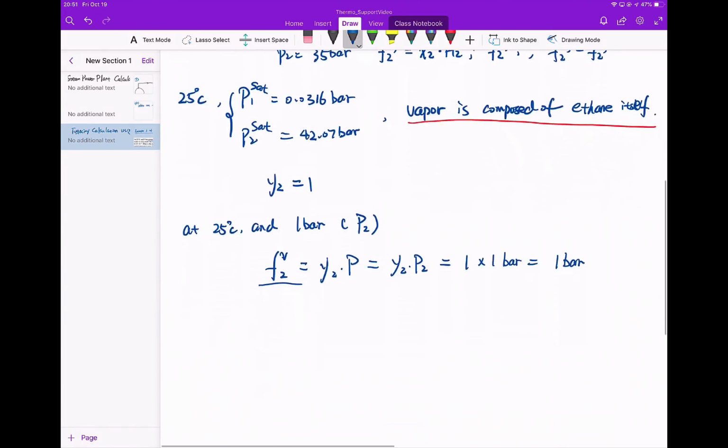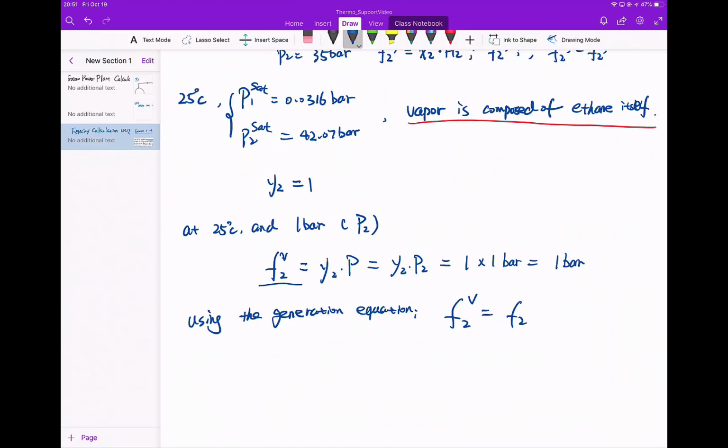So now you can see that using the general equation, which is f2 in the vapor should be exactly f2 in the liquid, which is x2 times H2.